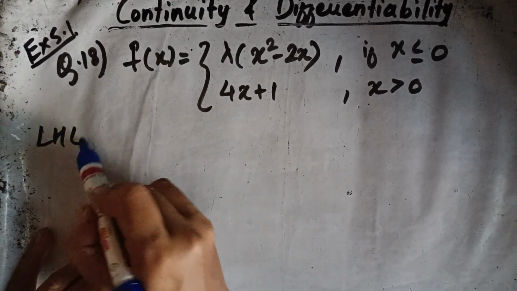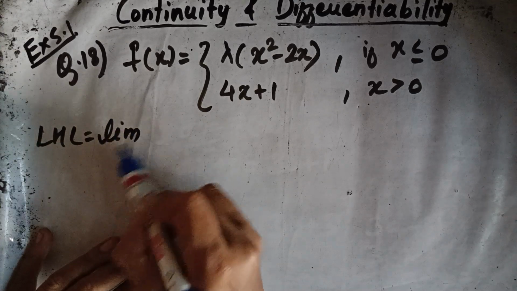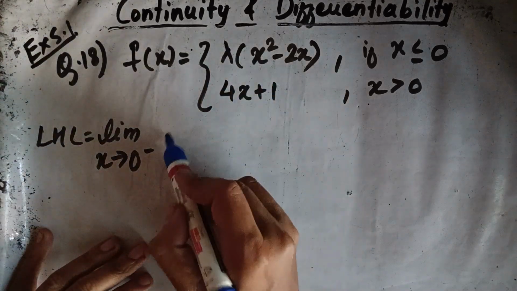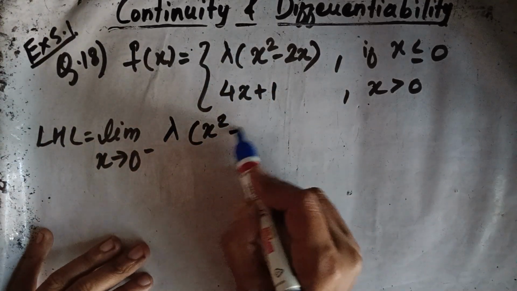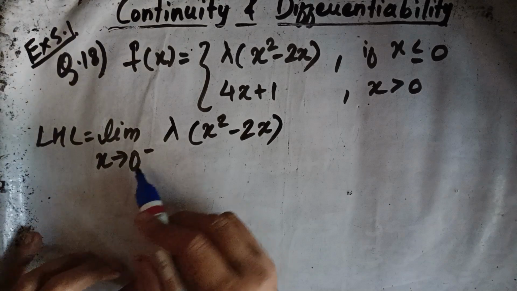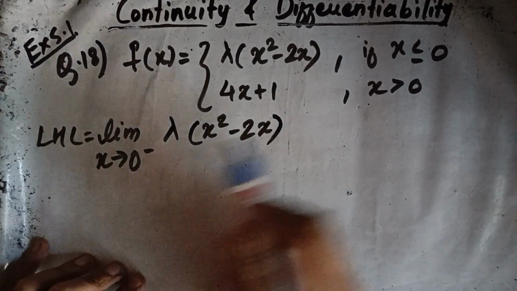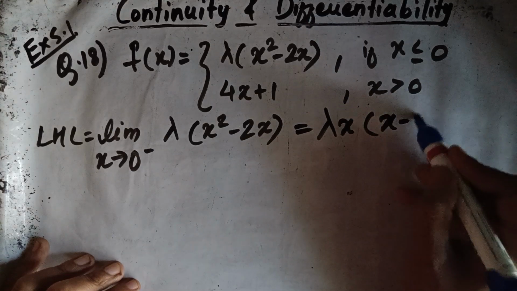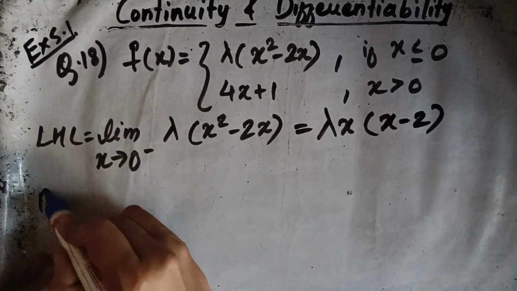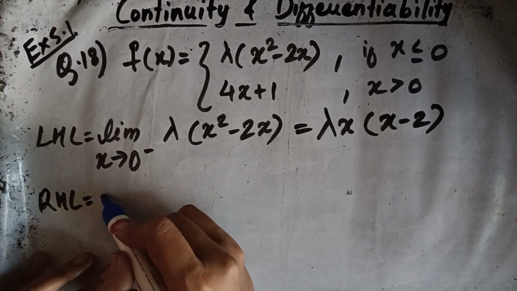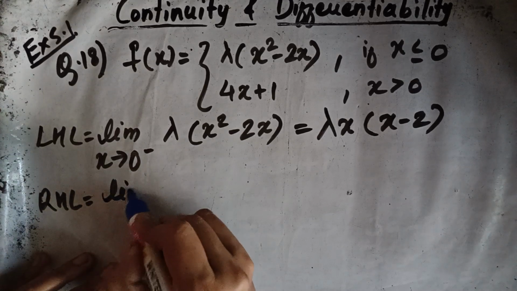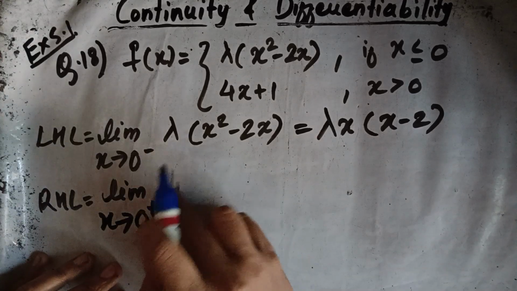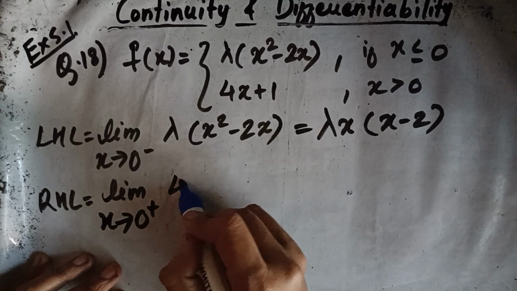So LHL: limit is extending to 0 minus, you have to take this, lambda x square minus 2x. You can take x common, so this is x into lambda x minus 2. What about RHL? RHL is limit x extending to 0 plus, 4x plus 1 you have to take.